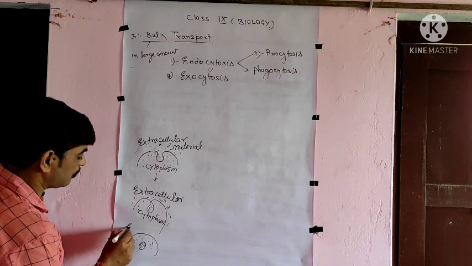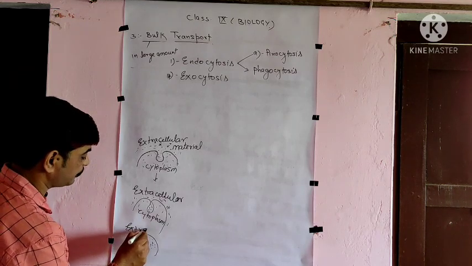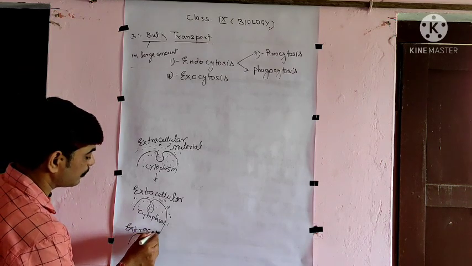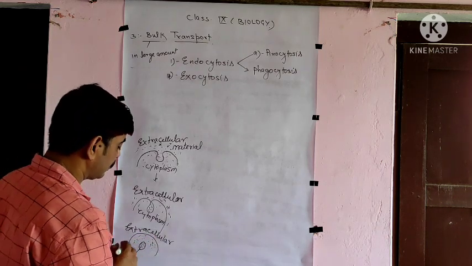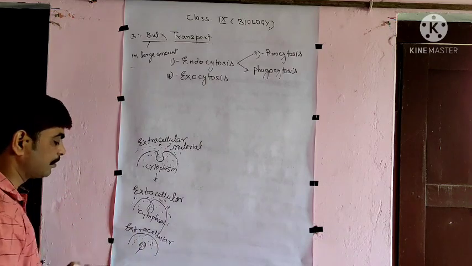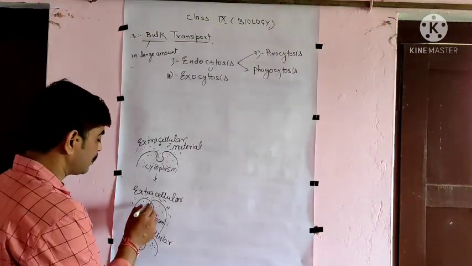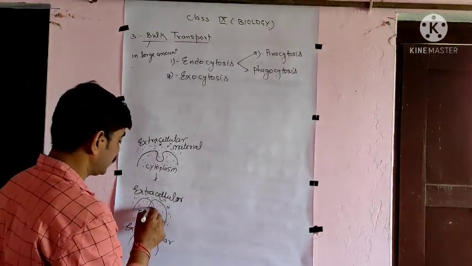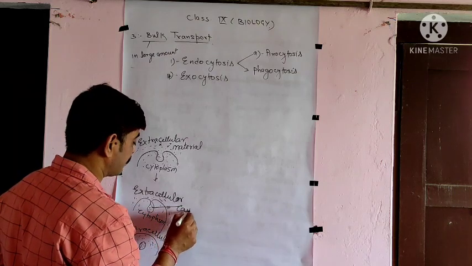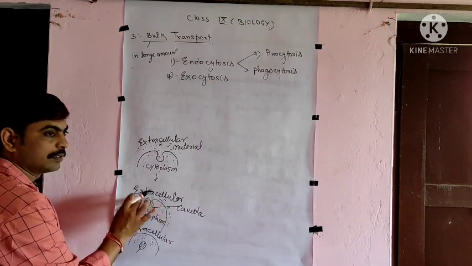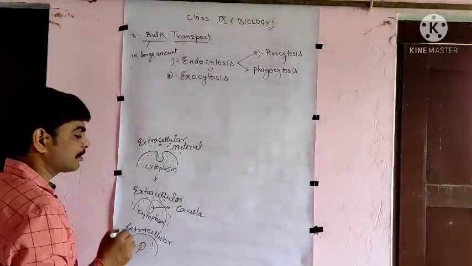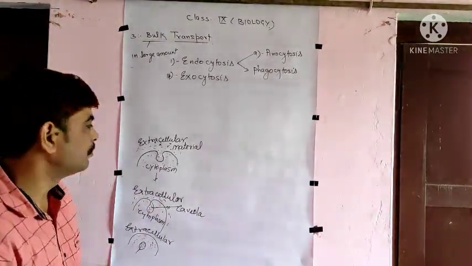Okay, this is also extracellular, and this is called the pinosome. Perhaps this will not be visible. This ruptured part can be called caveola. And when it detaches from here, it is called the pinosome.